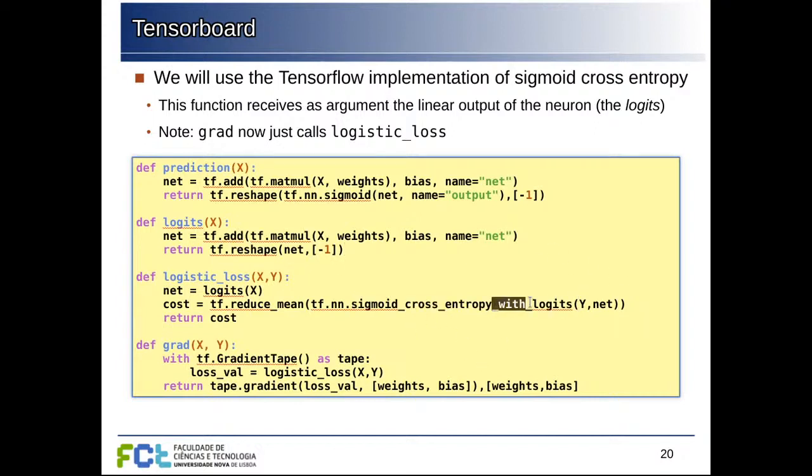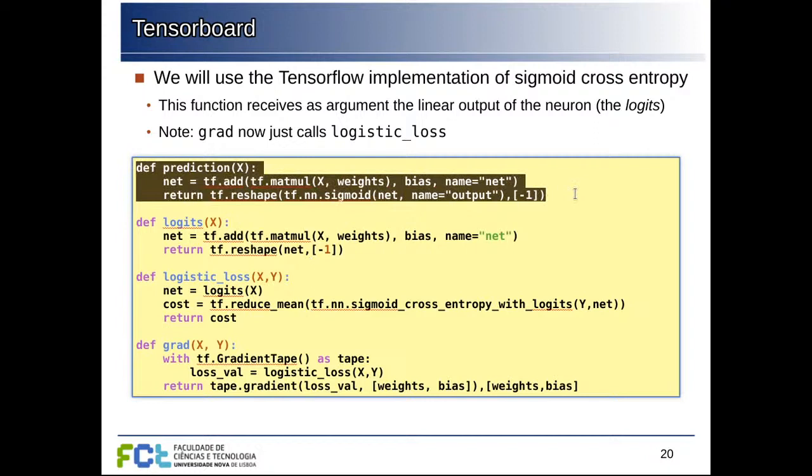And that's why it's called with logits. So basically the logit is this part that we are calling net here, which is what enters into the sigmoid activation function. Okay, so we need to modify our code a bit. We're going to keep the prediction.